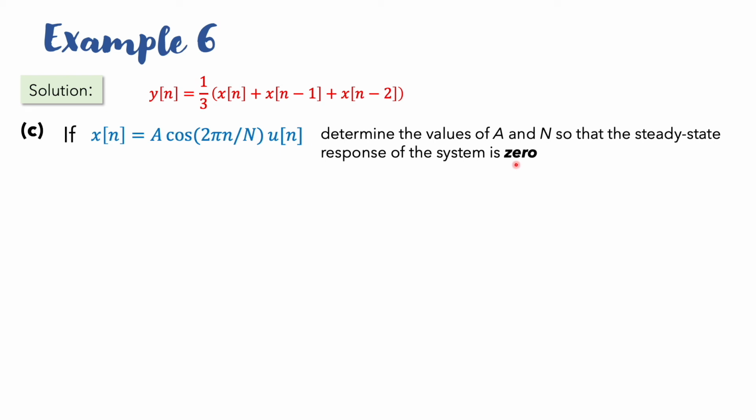Because when you turn on a switch, there can be a short spike, or any transition, until the signal builds up or comes down to its normal stable state. So here we have to find the values of a and n when the steady state of that system is 0, meaning the output stays 0 for a really long time. It is considered as the steady state of that system.